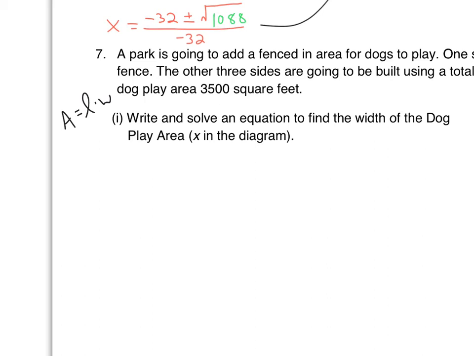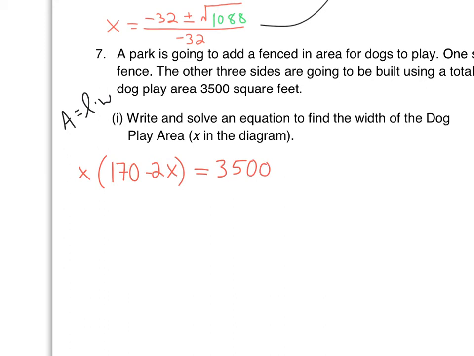If you're working on the assessment and you forget it, come see me and I'll help you with that. But the setup, the length, is going to be my 170 minus 2x. My width is going to be x, and I'm given in the problem that when I multiply those, my goal should be to get 3,500 square feet.